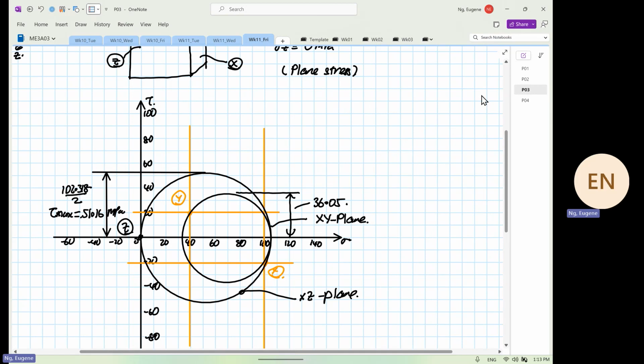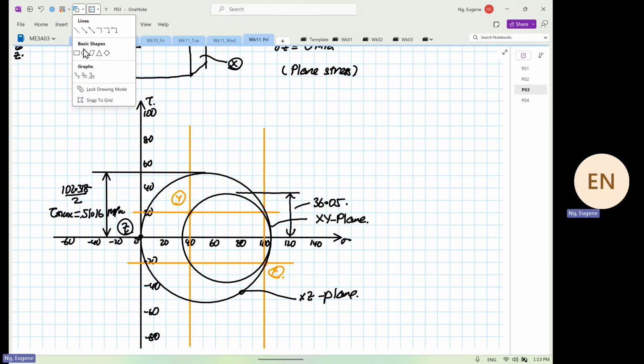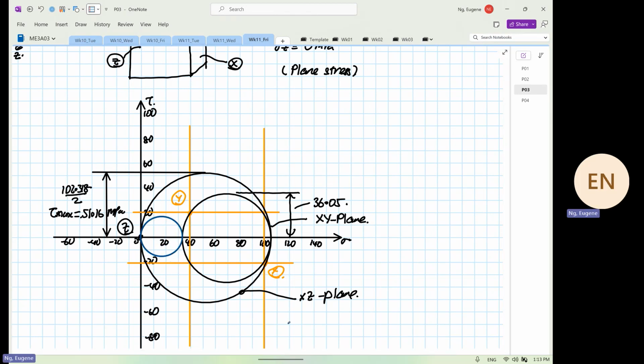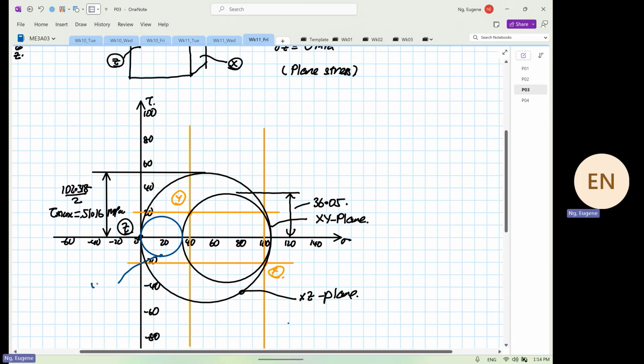And then we have our third circle. Our third circle is over here. So 3, 1.5, a bit more. This is your third circle, and this circle belongs to your YZ plane.